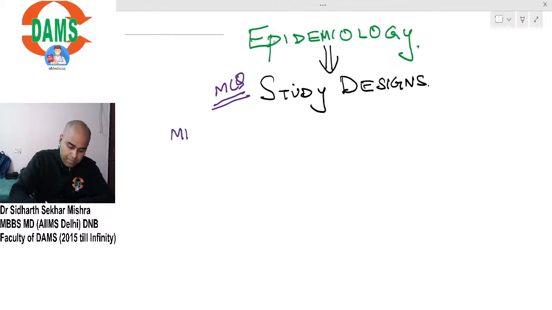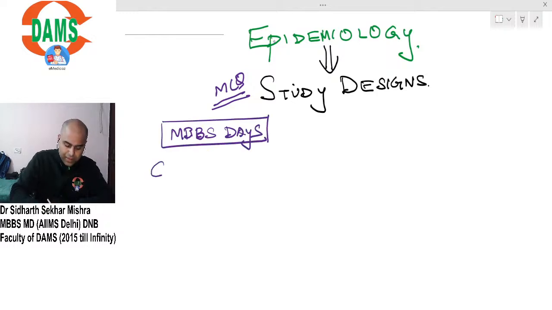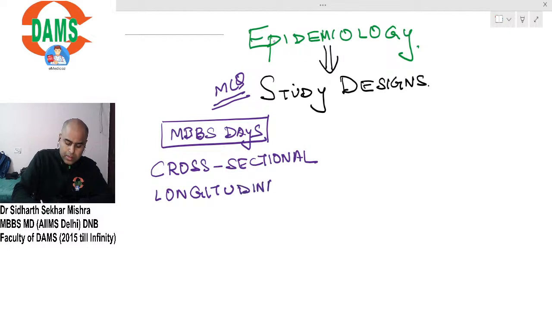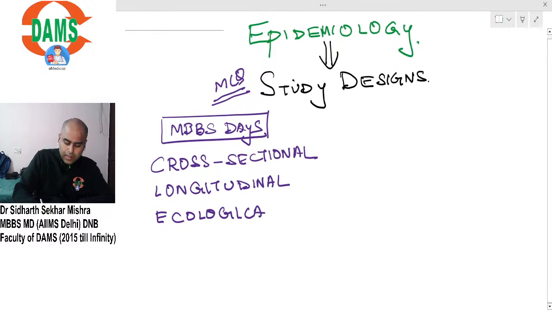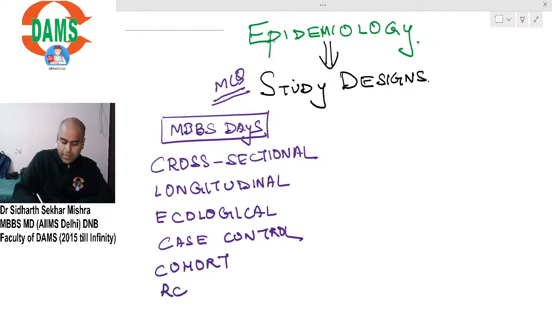Now in our MBBS days, we are taught study design something like this. They will first teach us cross-sectional, then they will teach us longitudinal, then ecological, then case control, then cohort, and then we have RCT.